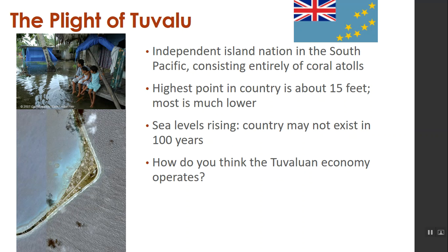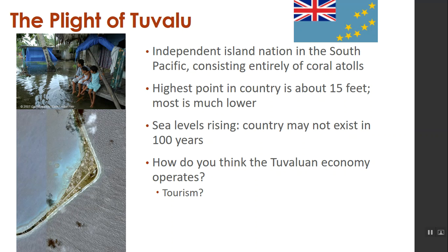And so you might wonder, how does the Tuvaluan economy operate? Again, it's very, very small. It's only about 15 feet above sea level at its highest point. You would think tourism, possibly, but they actually cannot have tourism because it's such a small island nation that they can't land large jetliners there.